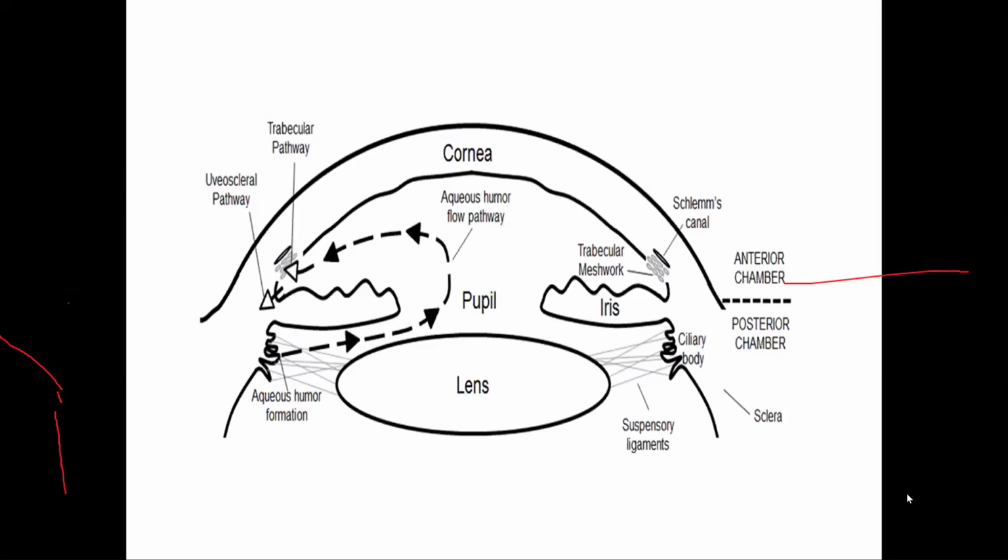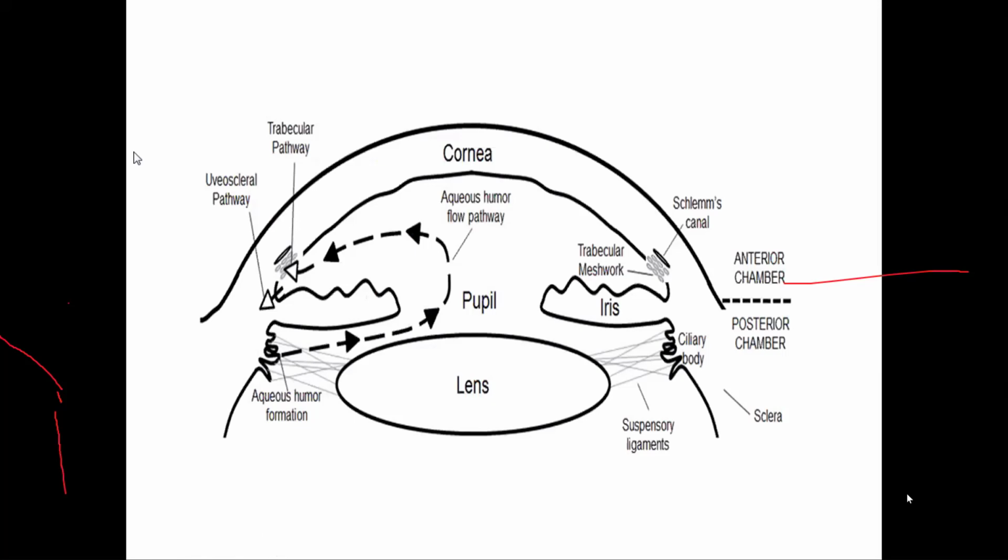This is the figure showing how the aqueous humor is produced, and how the aqueous humor produced in the posterior chamber flows towards the anterior chamber. Aqueous humor production occurs in the ciliary process, in the posterior chamber.